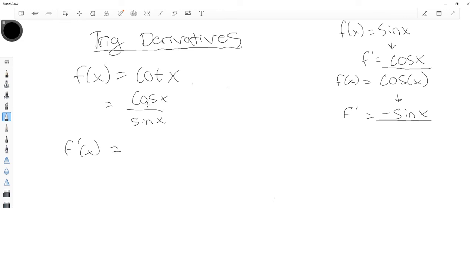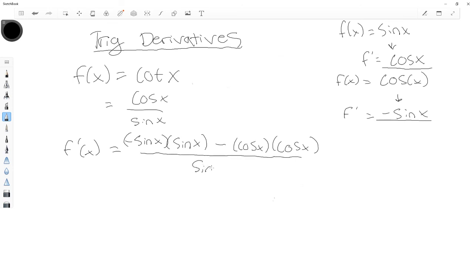So the derivative of the top, negative sine x, times the bottom, sine x, minus the derivative of the bottom, cosine x, times the top, cosine x, all over the bottom squared, which is sine squared x. And so this will become negative sine squared x minus cosine squared x, all over sine squared x.